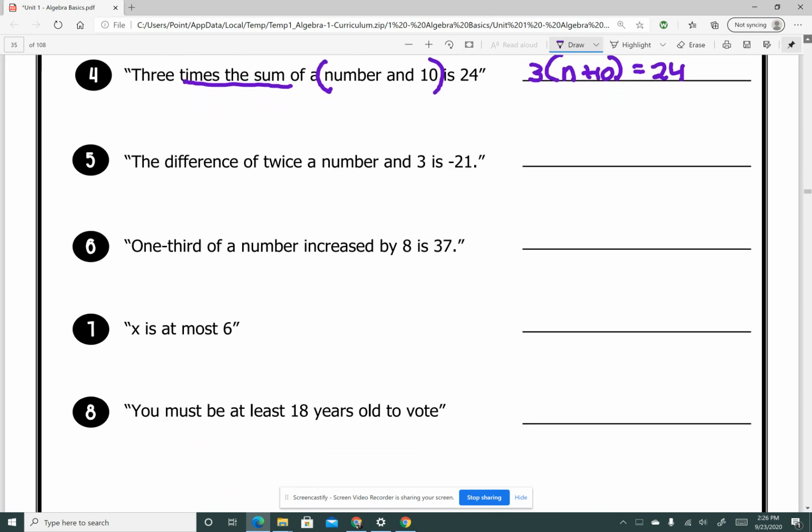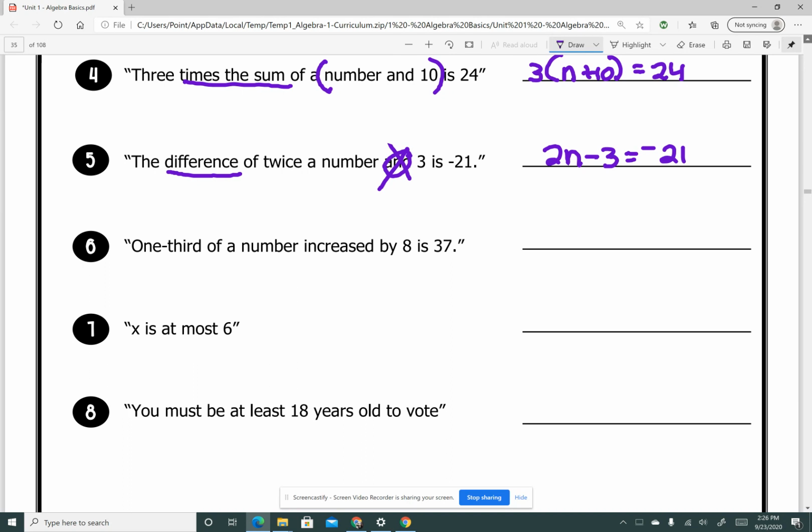Number 5. The difference of twice a number and 3 is -21. What's really tricky about this one is this is really subtraction, but it says twice a number and 3. That's a gotcha. So don't be distracted by that. So the difference of twice a number and 3, here's our twice a number, minus 3 is -21.